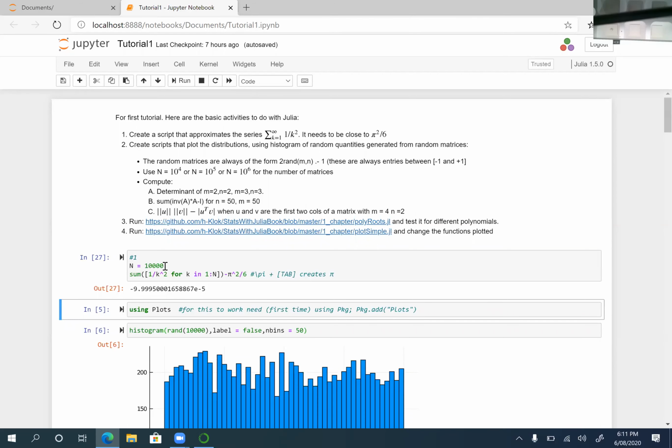When I did this, I opened up Julia 1.5.0, which looks like a command prompt, and I just typed in using Pkg with an uppercase P, semicolon, and then Pkg.add, round bracket, Plots, and I pressed enter. Then you can hopefully come back here and write using Plots. Okay, so let's run that.